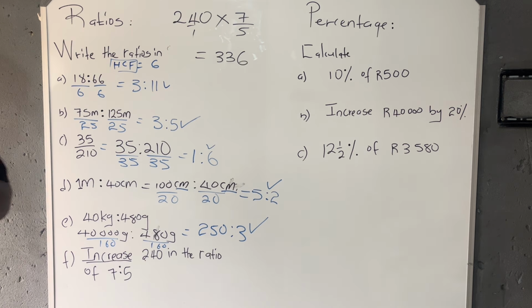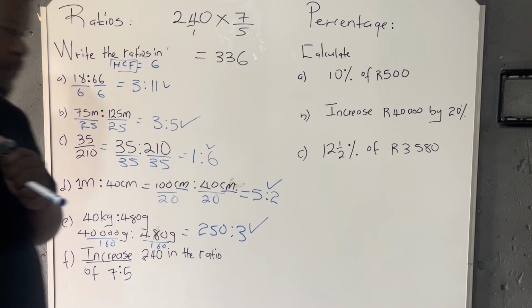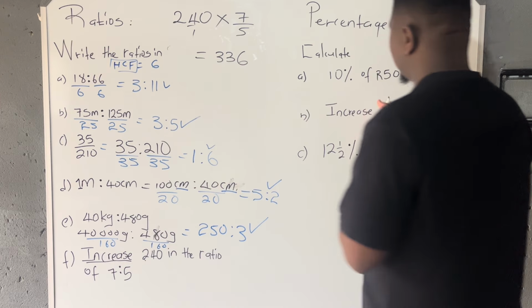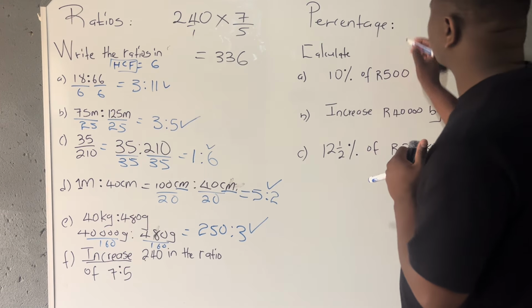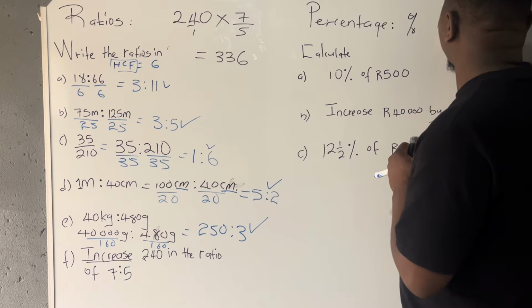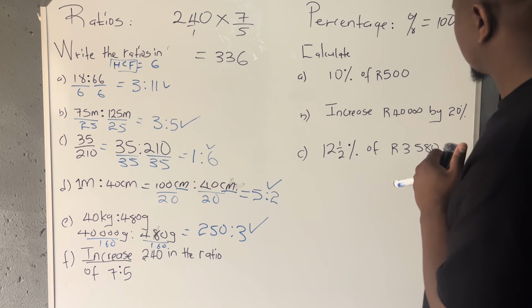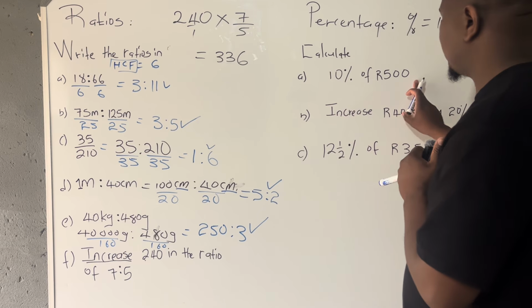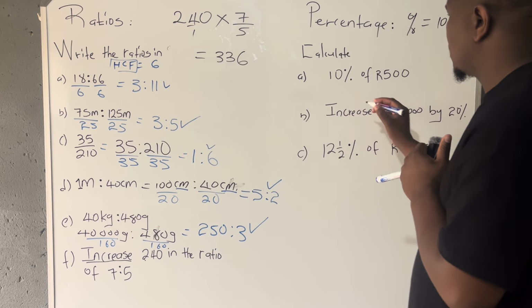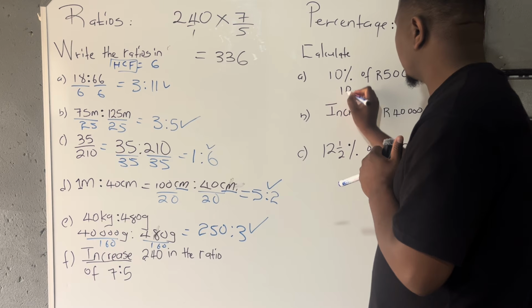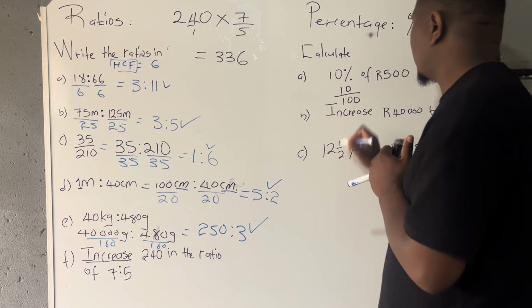Now let's move to percentage. Percentage, we all know. When they're talking percentage, think of 100. Mostly, that is 100. So now, what is 10% of 500? A way to calculate this is where we're going to say 10 over 100.